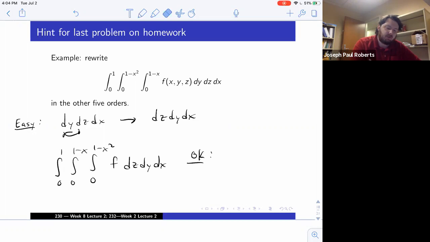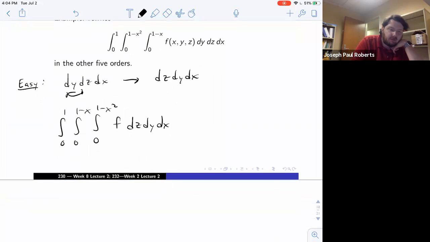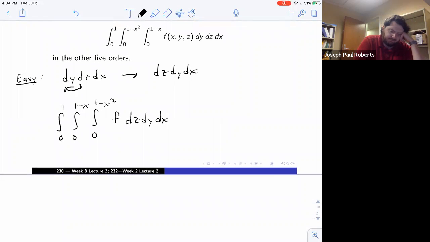Okay, so if you can do a naive switch and get something that follows the rules, then that's the correct thing to do. So just switch dz and dy and their appropriate bounds and you're fine. Okay, so that's the dz, dy, dx ordering. Let me show you the medium level difficulty.